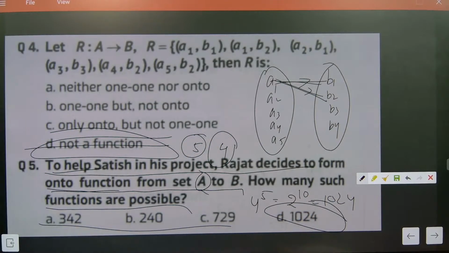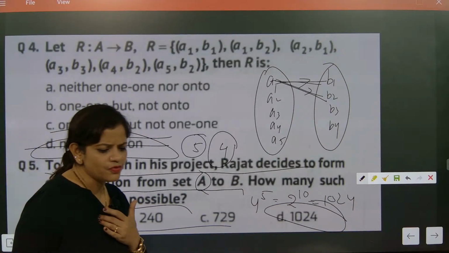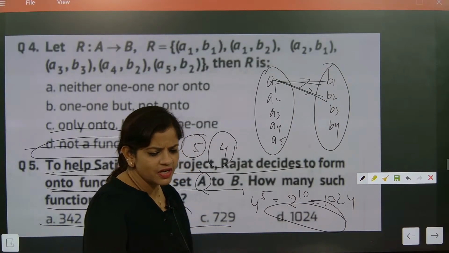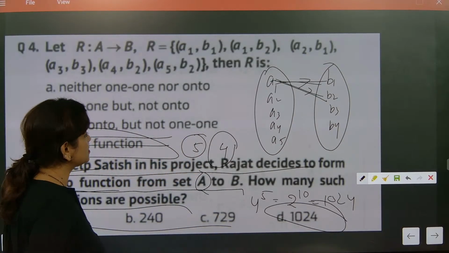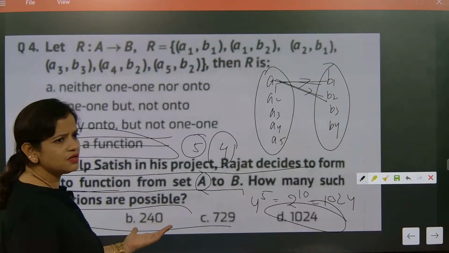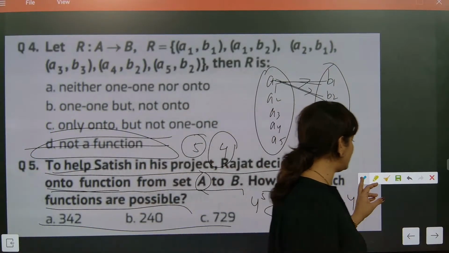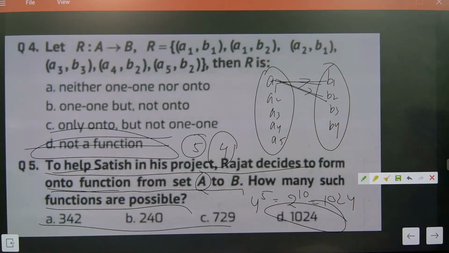If you solve like this in board exams, you will be able to solve questions very nicely. Nothing is there in the question. Millions of times I taught you. I am not going to teach again and again. Number of reflexive relations is 2 to the power n squared minus n.